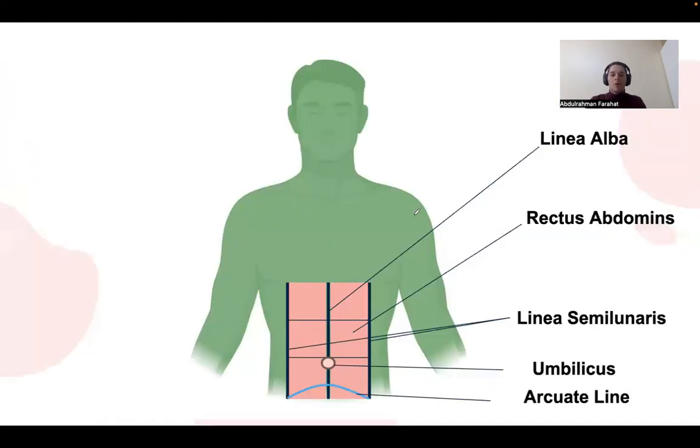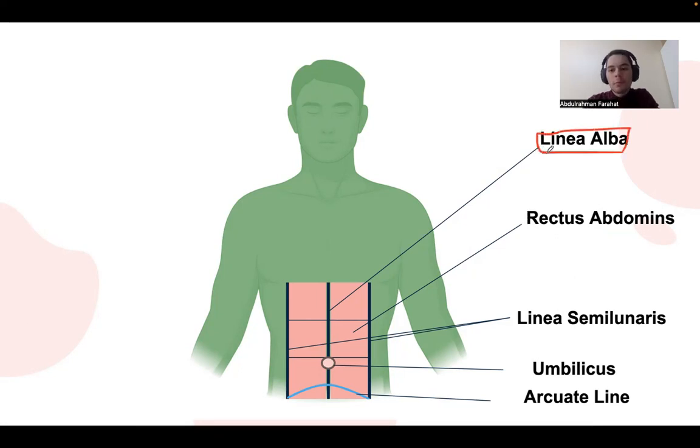Okay, so how are structures organized anteriorly when you're first looking at it? So let's start off with the umbilicus. Everybody knows there's an umbilicus right here, and there's a median line in the middle of the body, all the way from the xiphoid process all the way down, and this line would be the linea alba.